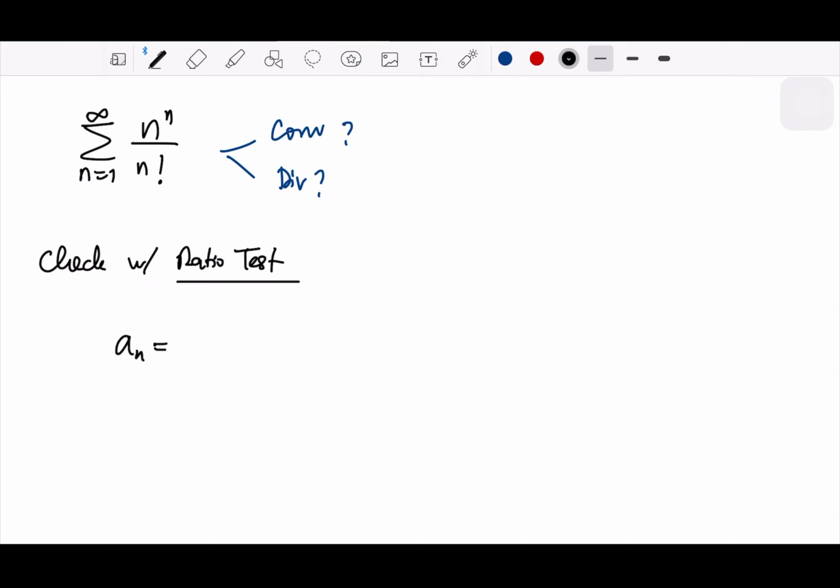So let's say this is our a_n. So a_{n+1} has n plus 1 to the power n plus 1, and this is n plus 1 factorial.